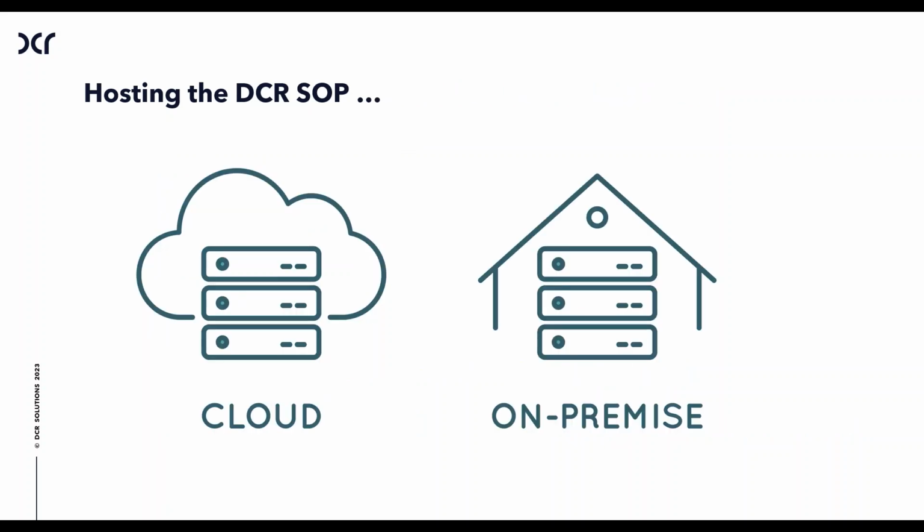In addition to the cloud-based option, we also provide the flexibility of a privately hosted service. This can be set up either on-premise within your organization's infrastructure or in a private cloud environment. This option ensures enhanced control and privacy over your DCR SOP, catering to the specific security and compliance requirements of your organization.